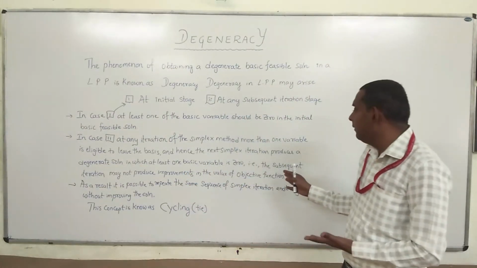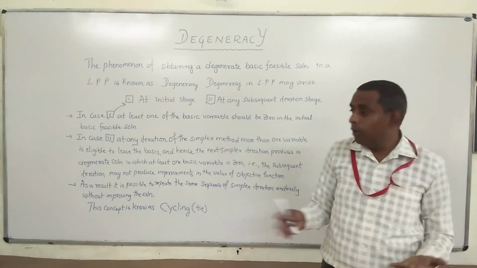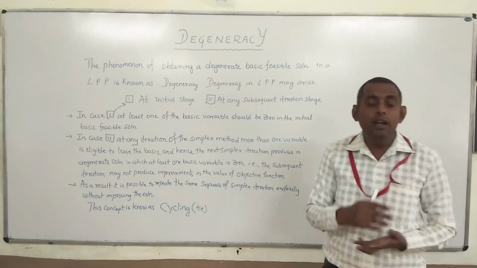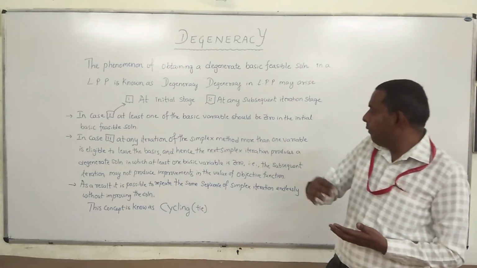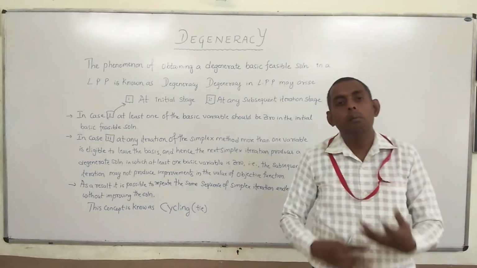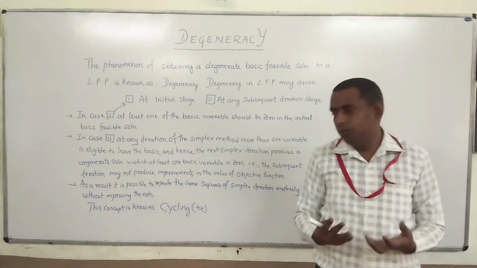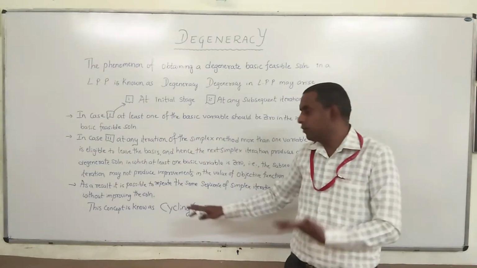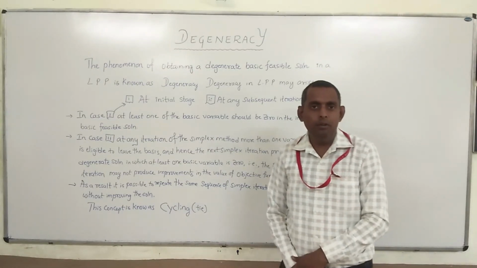The subsequent iteration may not improve the value of the objective function. If you proceed with more iterations, you won't get any basic feasible solution, and that concept is called cycling. Thank you very much.